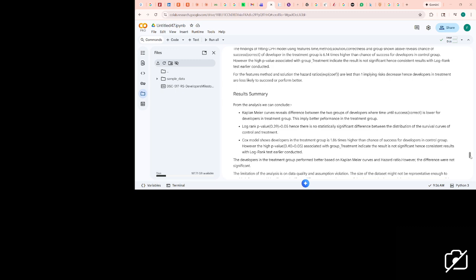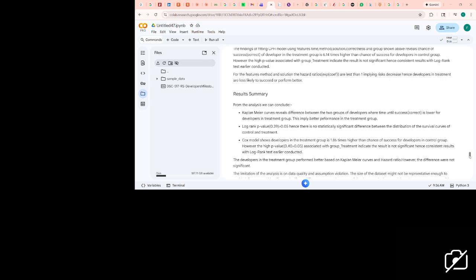Based on the p-value, we got 0.39, which is greater than the significance level, that is 0.05, and therefore the difference is not statistically significant.